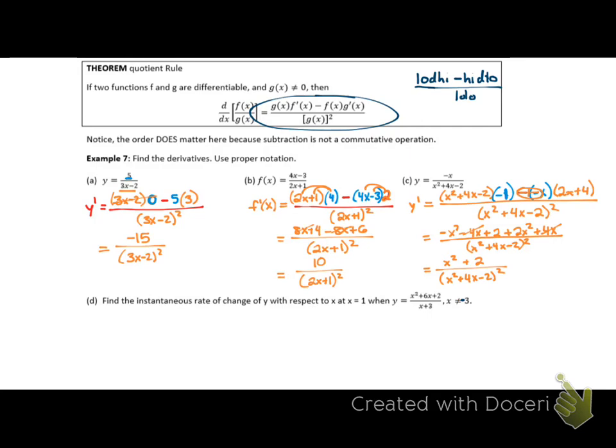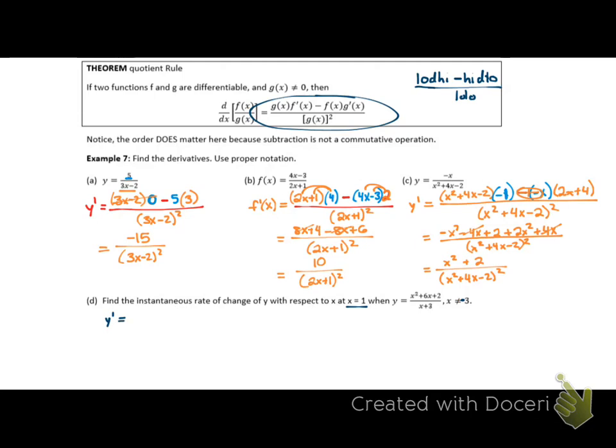So when we do this, we're going to take the derivative, and then once we find the derivative and have it simplified, we're going to plug in 1, because that's what we're trying to find. The derivative of y with respect to x at x equals 1. So, first we find y prime.